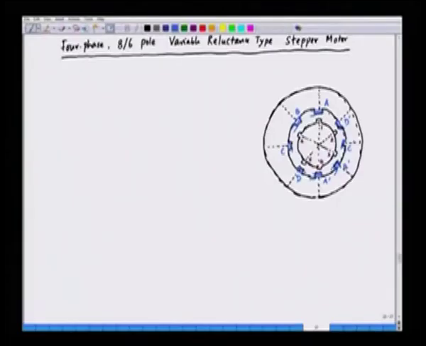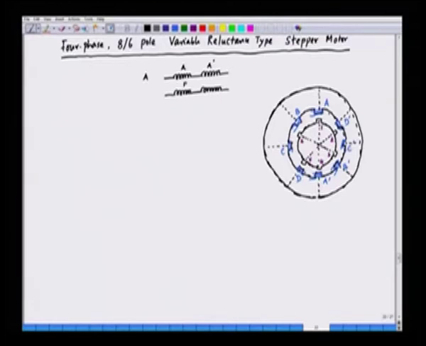So, each phase now has two windings. Phase A will have two windings, and we call the combined A and A prime phase A. Similarly, phase B will have two windings and they are series connected.